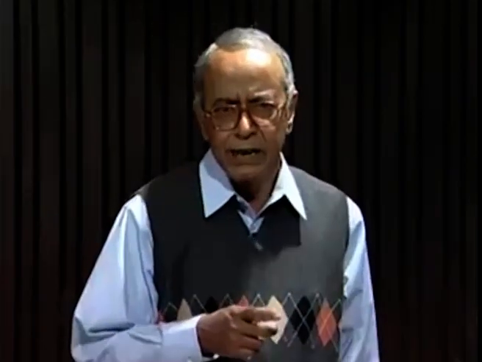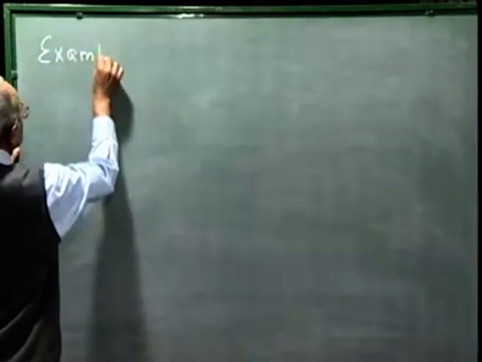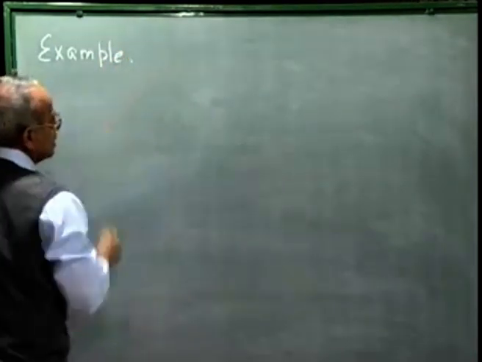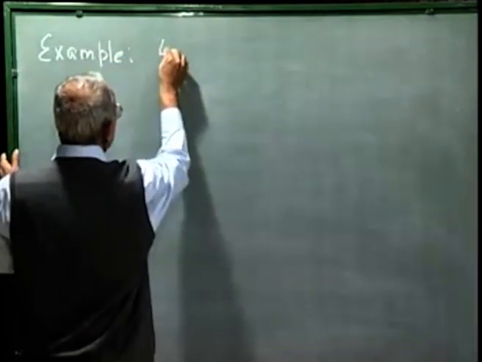Let me now discuss an example to explain what we mean by branch defect. We talk of an example with respect to a 4R linkage.